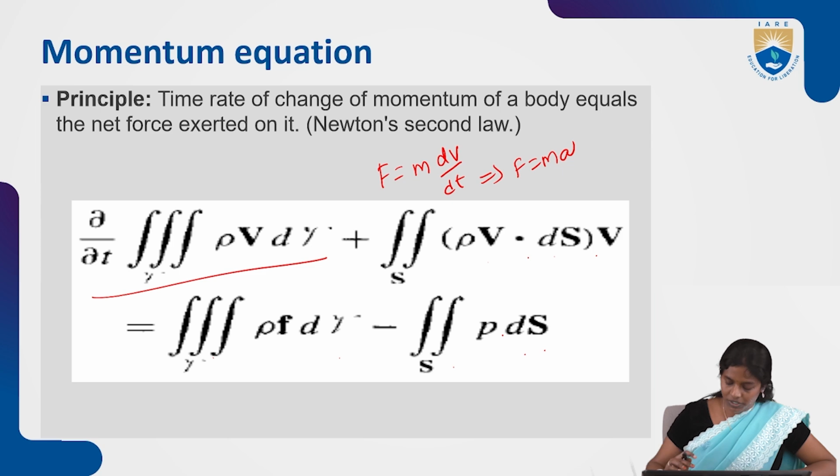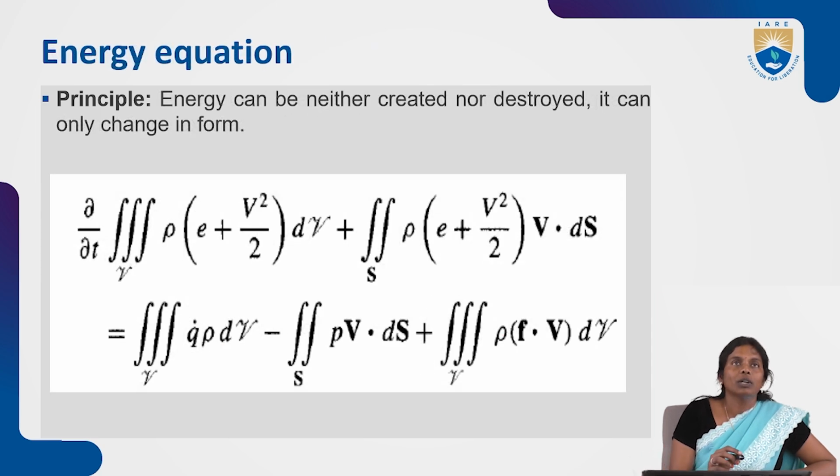Coming to the last equation which we have seen in today's session, that is the energy equation. The physical principle of the energy equation is that energy can be neither created nor destroyed; it can only change in form. This first term is due to unsteadiness, like fluctuation in time.